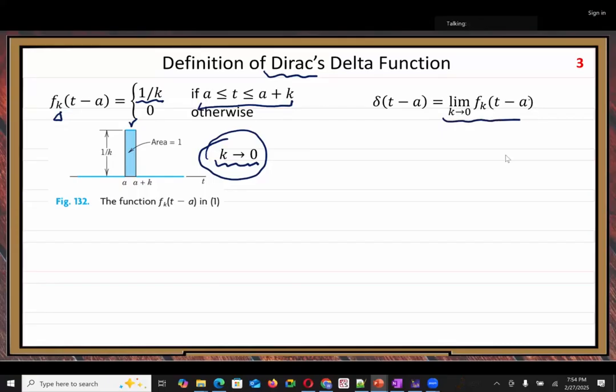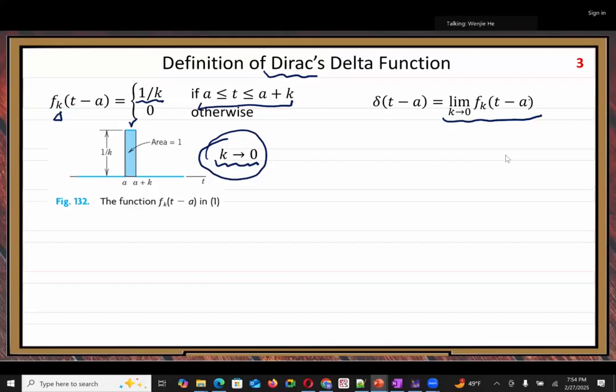We define the delta function of t minus a as the limit, when k goes to 0, of f sub k of t minus a. That's the delta function.